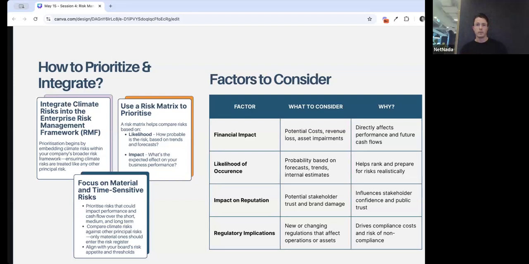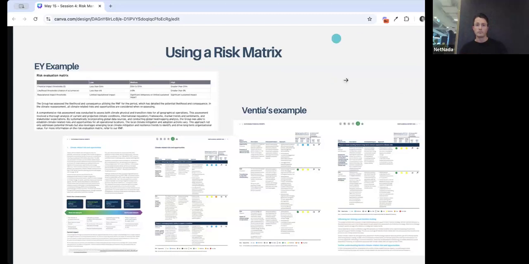Conscious that we're a bit short on time, Alex, we'll keep moving on that one. Now, using a risk matrix, these are again some examples from Ventia, but also from EY as well. Risk matrices are really essential for how we're comparing our climate risk to other business risks. I mentioned cyber before. We've mentioned financial risks before as well, right? We want to be plotting out all of our risks based on the likelihood and the impact and flagging the ones that are going to exceed our board's risk appetite.